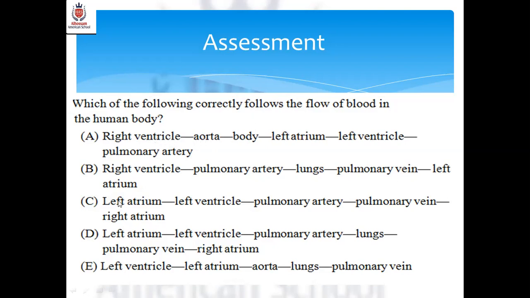Left atrium, left ventricle, then it should be aorta. Left ventricle to left atrium, this is wrong. So the answer here, from right ventricle, pulmonary artery, lung, pulmonary vein back to the left atrium, this is right. So the answer will be B.